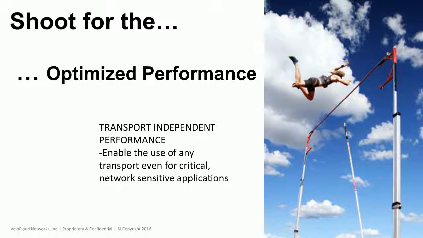We want to add these additional circuits, add the public transport to this hybrid WAN bundle, but make the performance of the apps across any of these links truly transport independent. So even the most critical network sensitive applications can leverage all the bandwidth and all the resources of all the links, public and private, that we combine into this hybrid network.